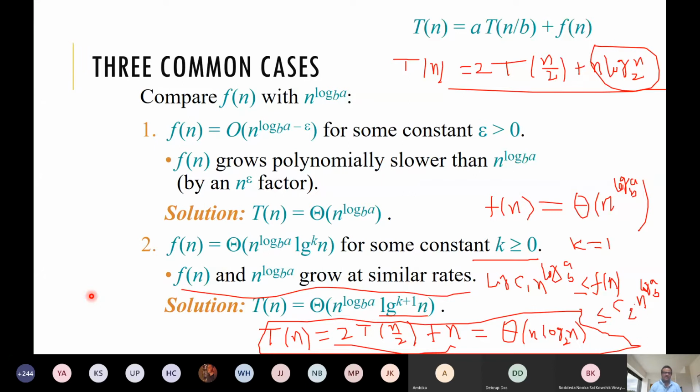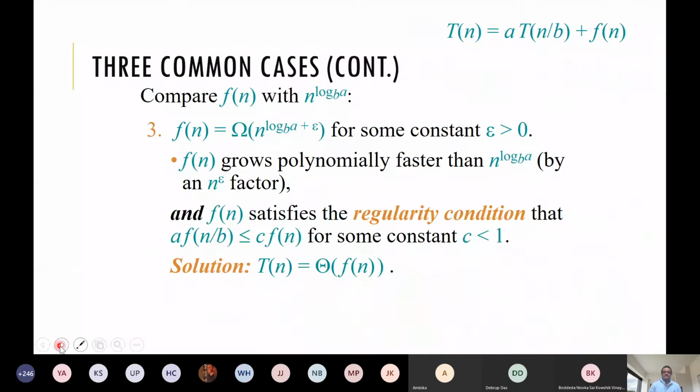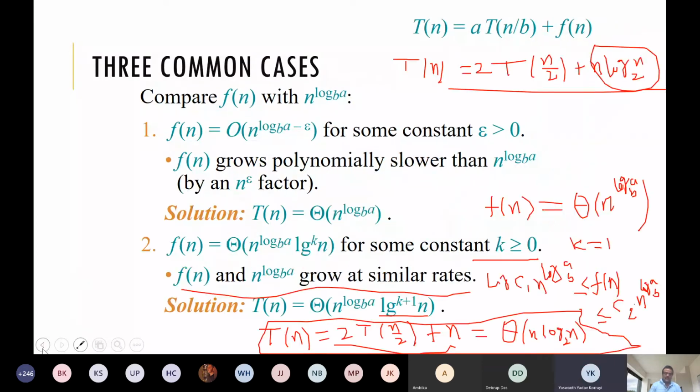I got your point. Okay, so you can move to case 3. Sir, LG means always log base 2? Yeah, this LG is log base 2. Okay.